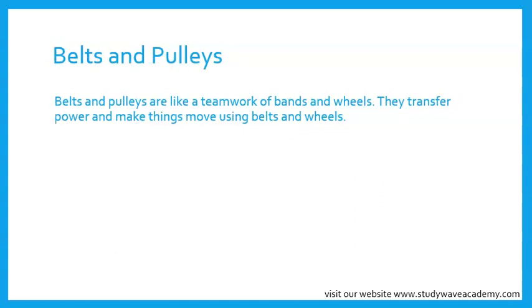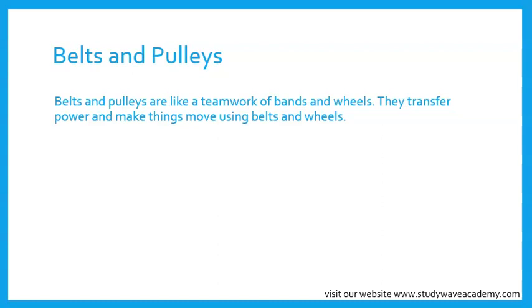Belts and pulleys. Belts and pulleys are like a teamwork of bands and wheels. They transfer power and make things move using belts and wheels. Okay? Belts and pulleys are components used within drive mechanisms.